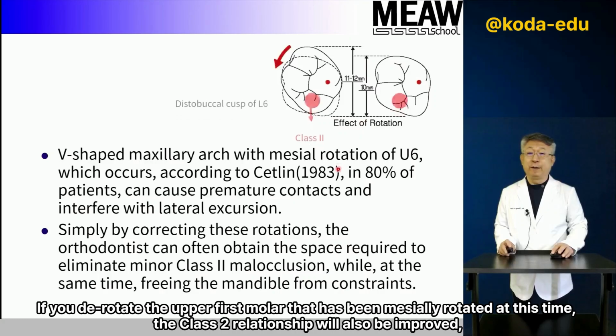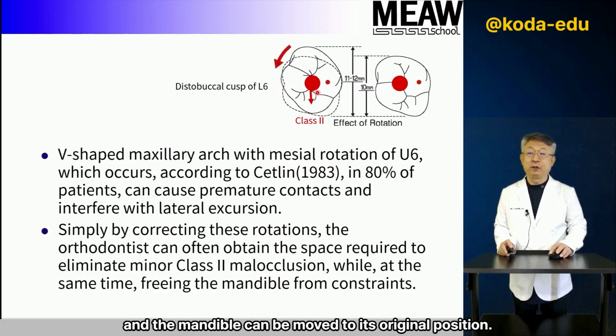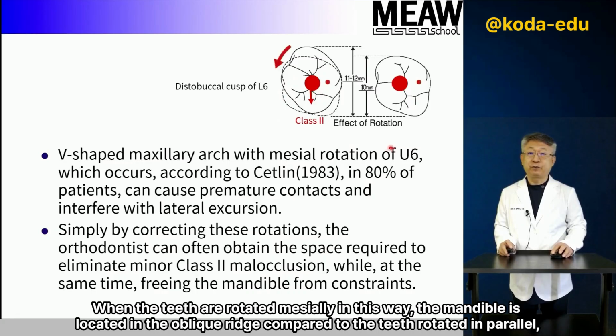If you derotate the upper first molar that has been mesially rotated, the class 2 relationship will also be improved, and the mandible can be moved to its original position. When the teeth are rotated mesially in this way, the mandible is located in the oblique ridge compared to the teeth rotated in parallel.